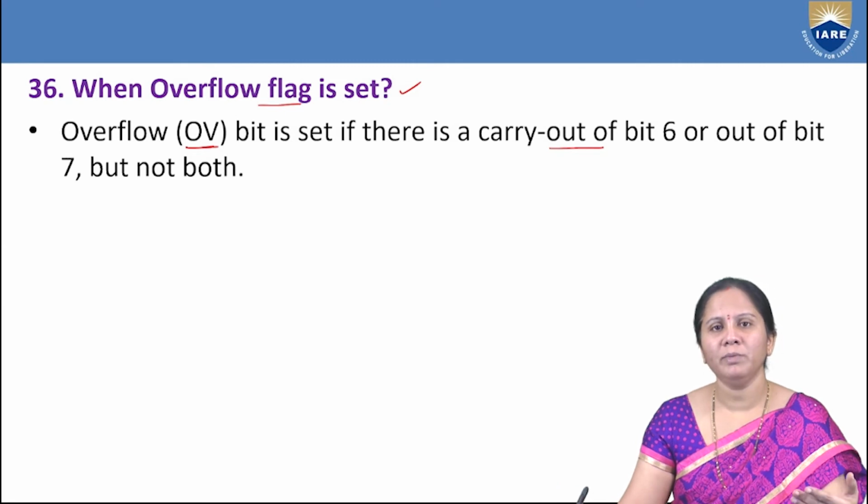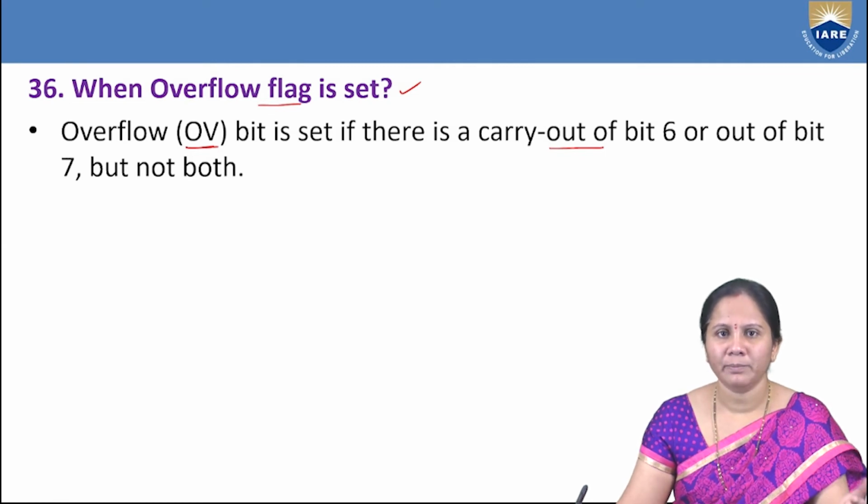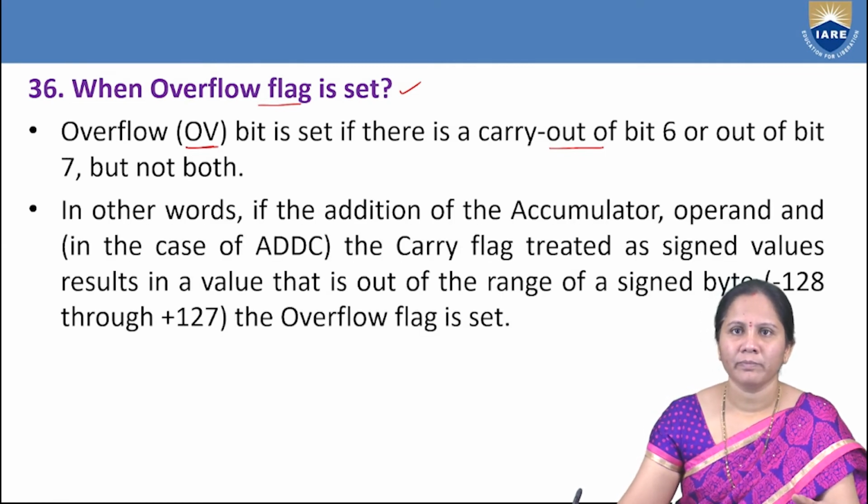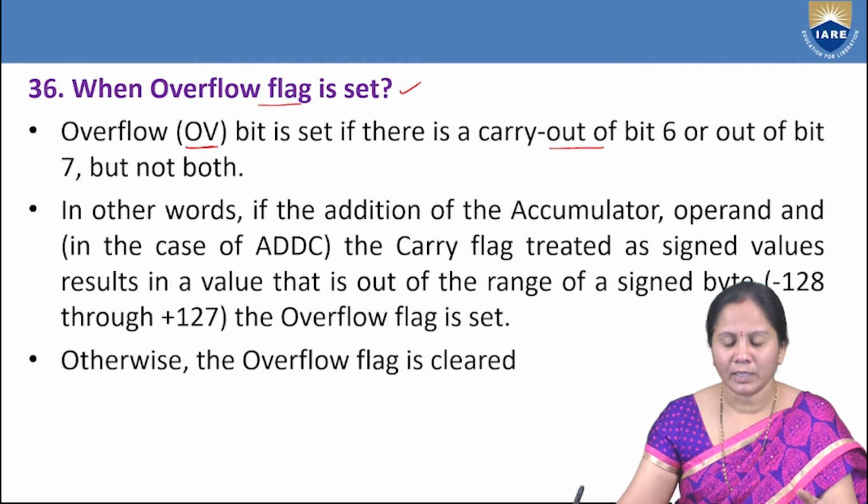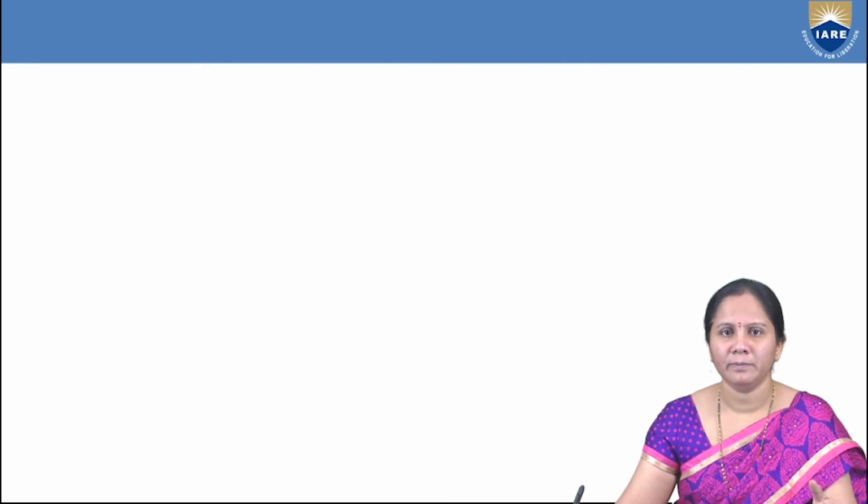That means if you are performing any 8-bit operation, the result should be within 8 bits only. It should not exceed 8 bits. Otherwise, this flag bit will be cleared.